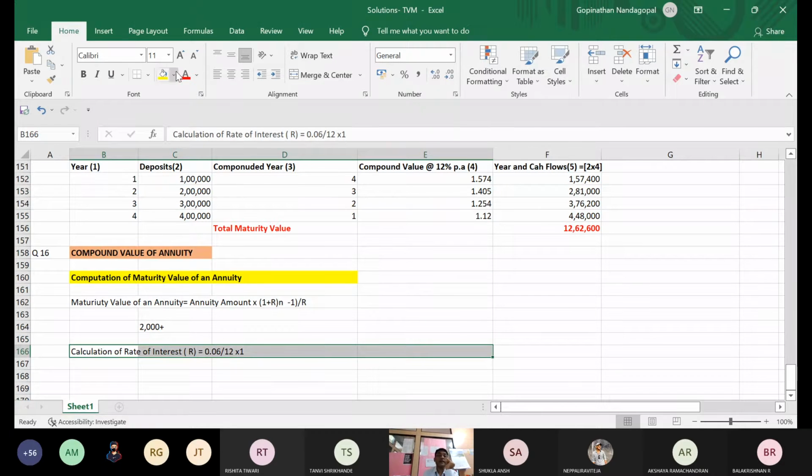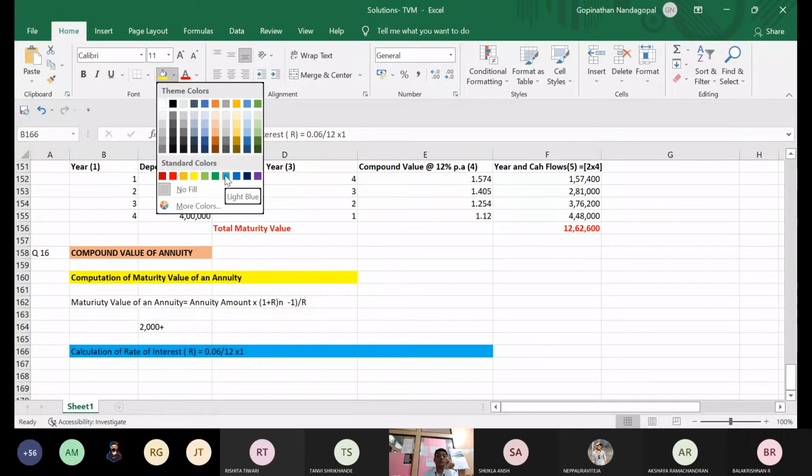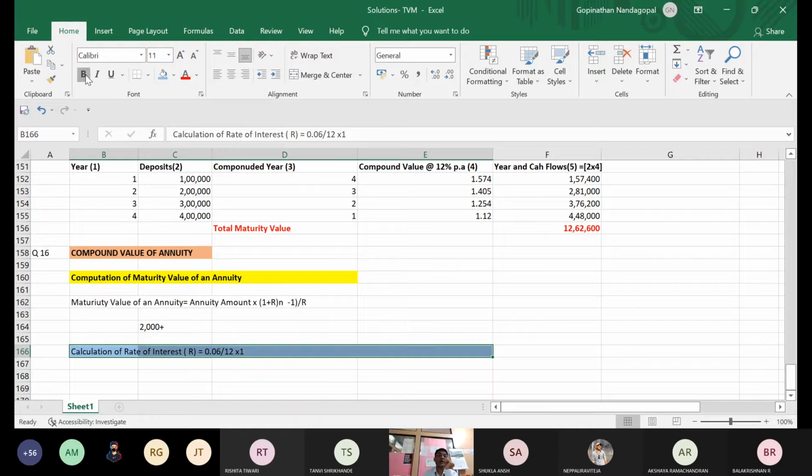So I am doing this. Kindly tell me, have you understood or not? Yes, sir. So 0.06 divided by 12 into 1.